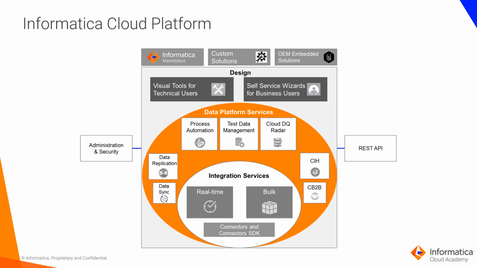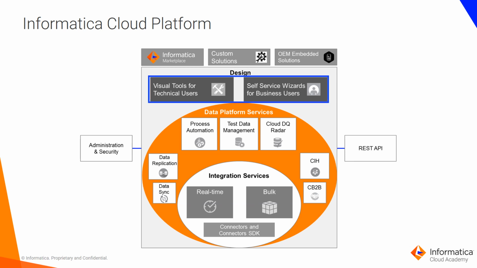Now let us look at the Informatica Cloud Platform services. We have real-time integration services and bulk integration services. Then we have connectors and connectors that are built using SDK Toolkit. The core integration platform services include data synchronization, data replication, process automation, test data management, Cloud DQ Radar, CIH or Cloud Integration Hub, CB2B.